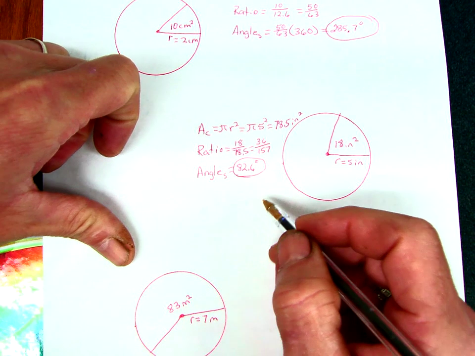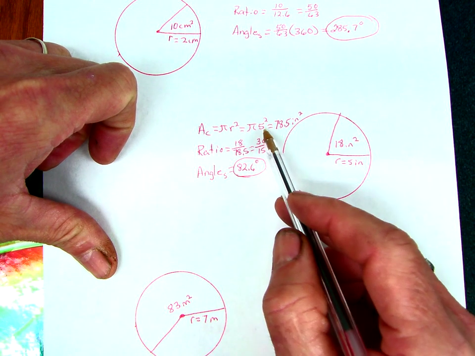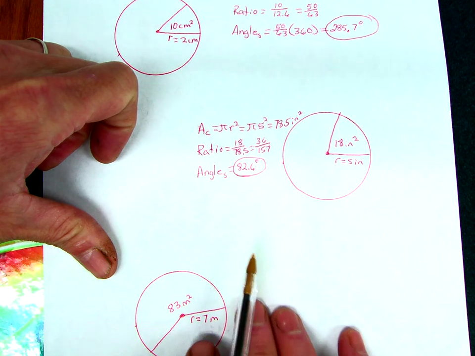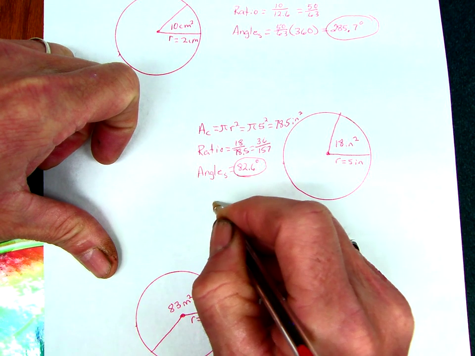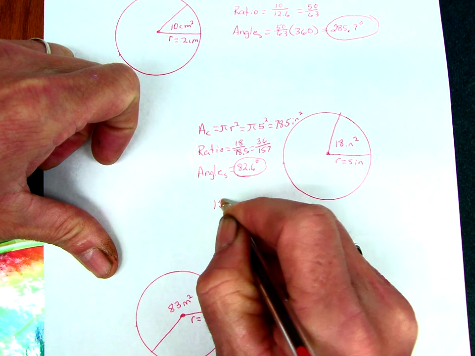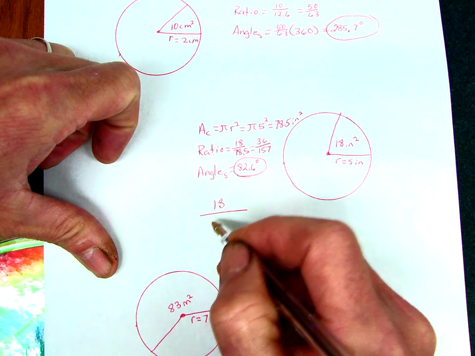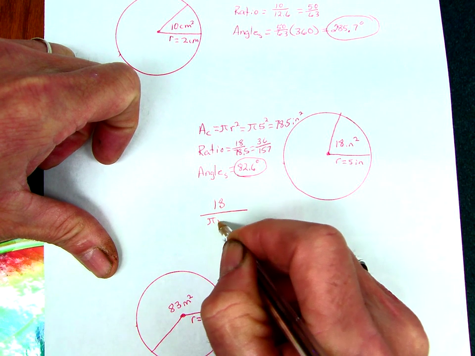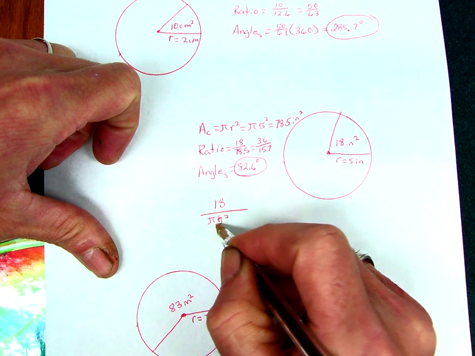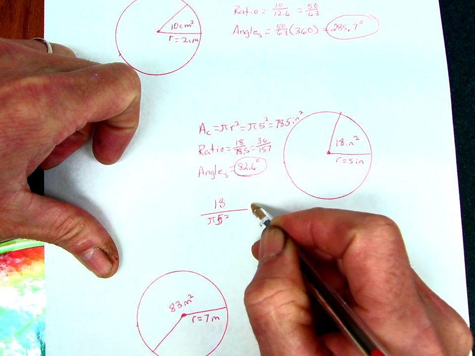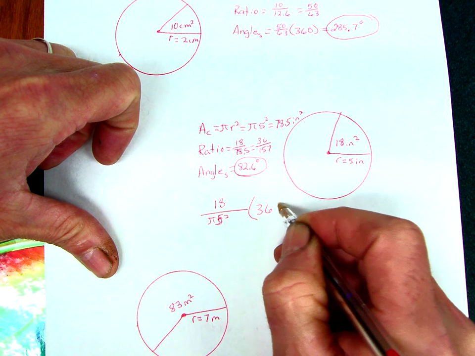Let's see if we can do that here without having to do all these steps. Right, so the area of the sector is 18. And it gets divided by pi times radius squared. So pi times 5 squared. And then that gets multiplied by 360.